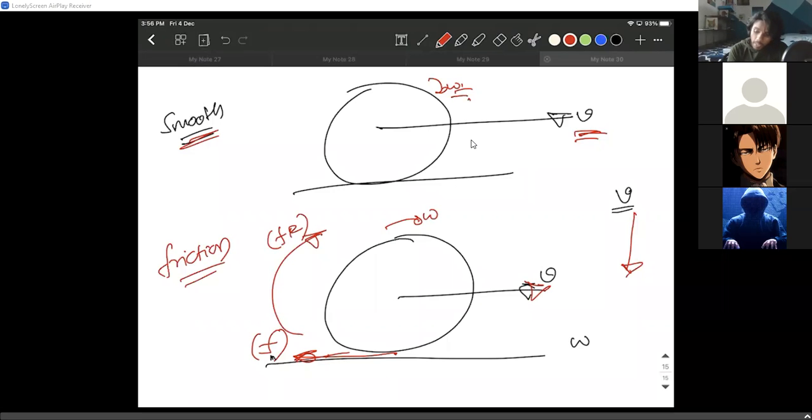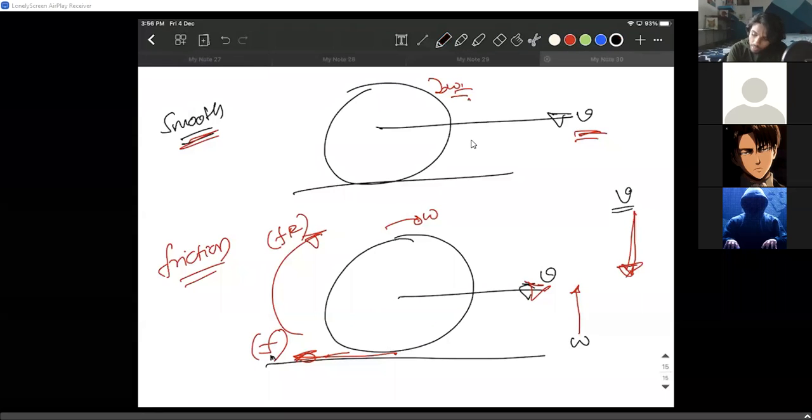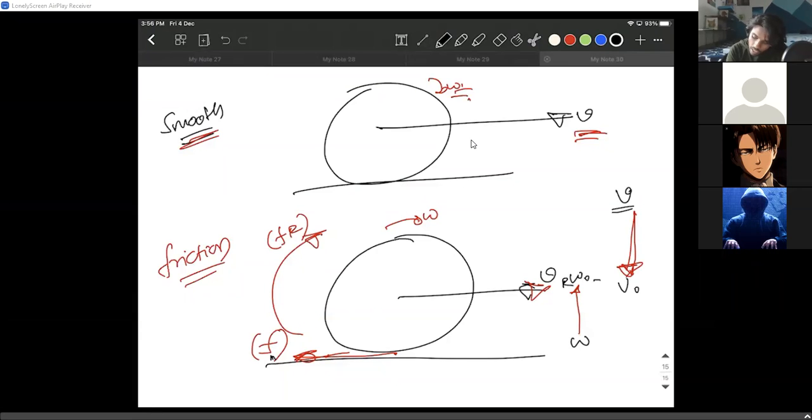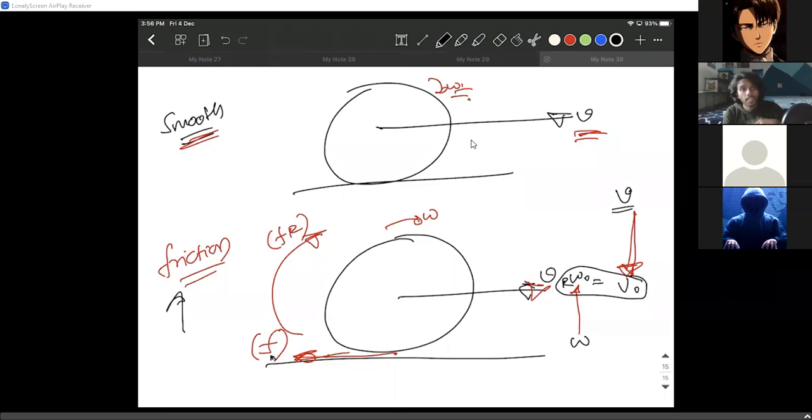So it will bring down the linear velocity and bring up the angular velocity. They both reach a point V naught, omega naught, where V naught equals R omega naught. So eventually, on a frictional surface, it will enter into pure rolling. That is the advantage of it.